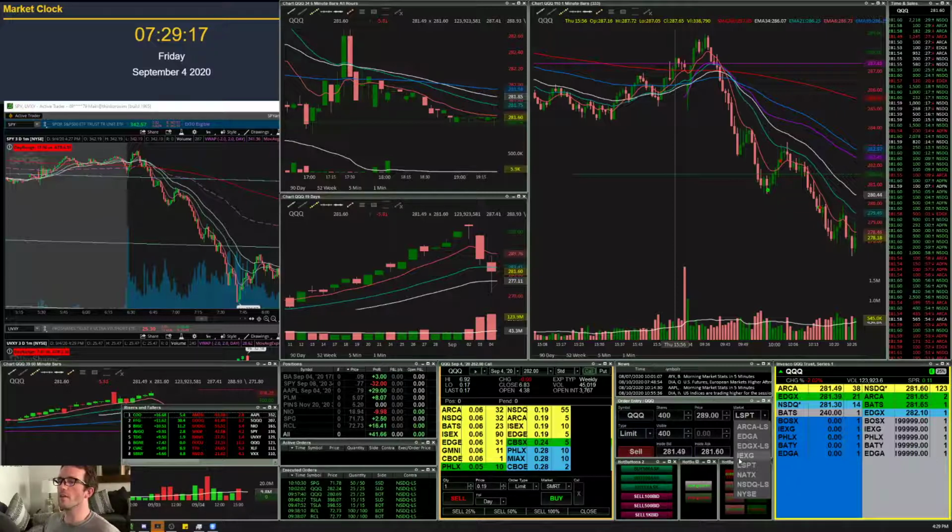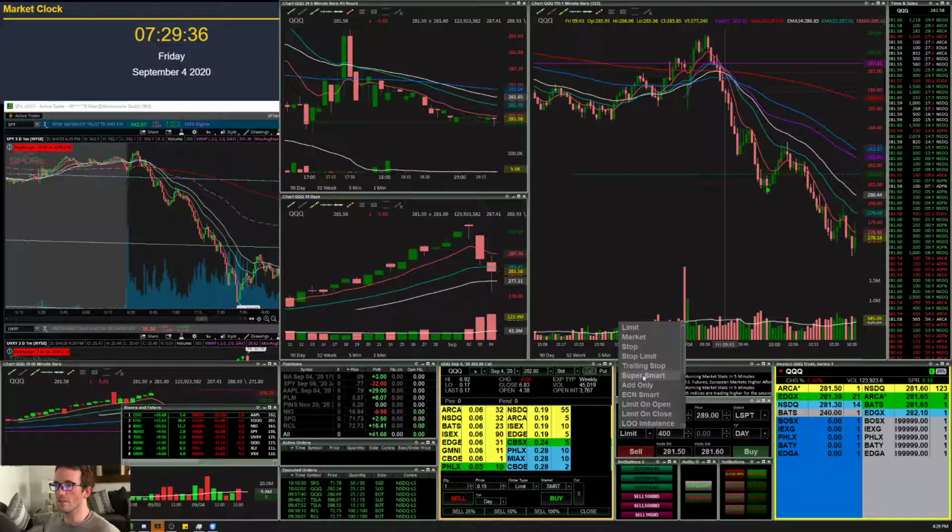They're all probably going to have most of the stocks that we want to trade, but some people trade stuff that's more rare, and they want to make sure they get filled. They would go to that super smart, and it will send out orders to 5 different markets to get them filled.